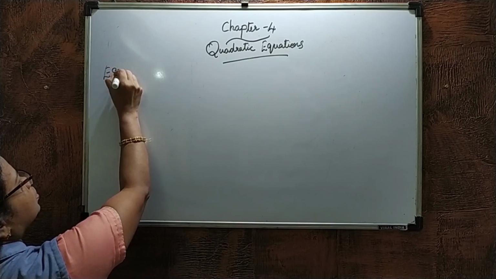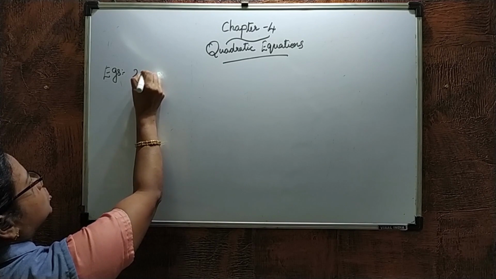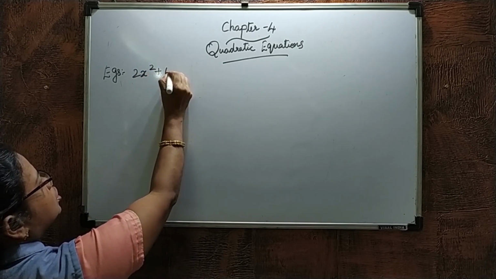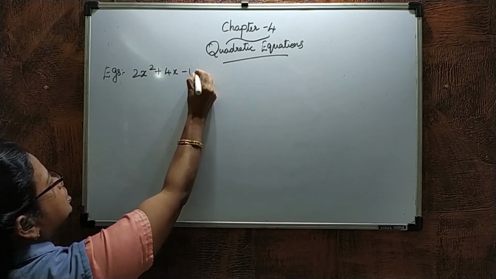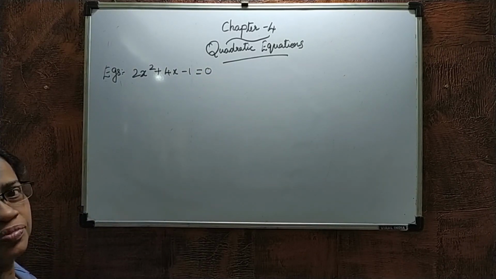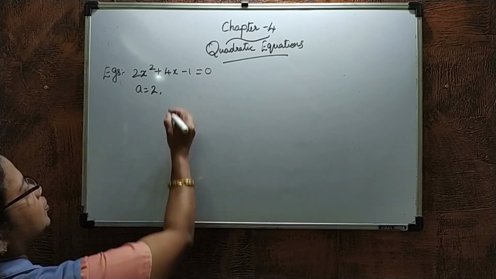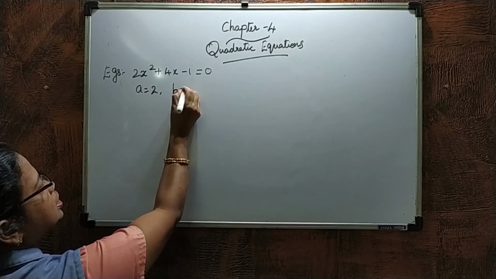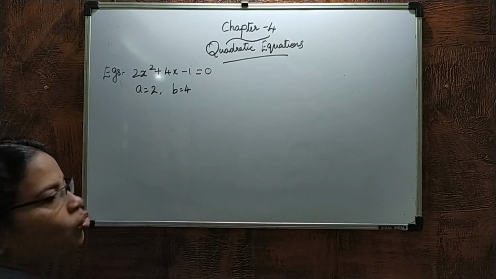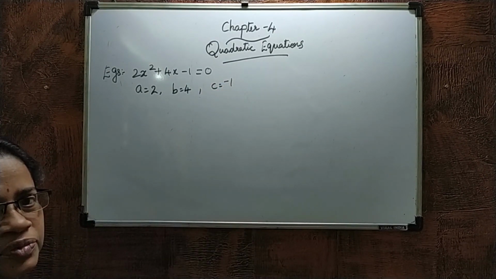Examples for quadratic equations. 2x square plus 4x minus 1 equal to 0. What is a, b, c? A is equal to 2, coefficient of x square. What is b? B is equal to 4. What is c? C is equal to -1. Clear?